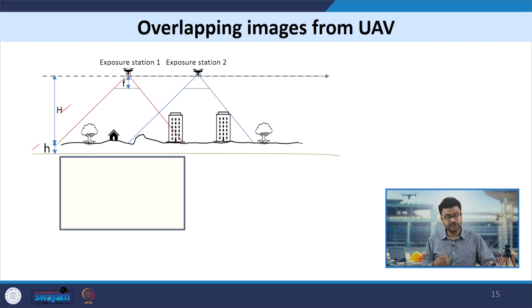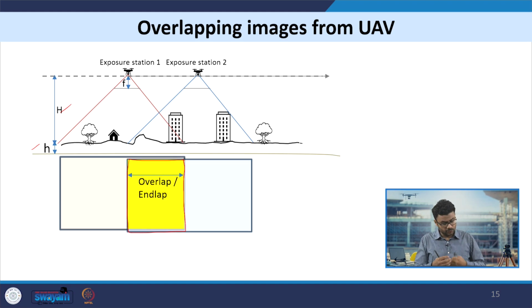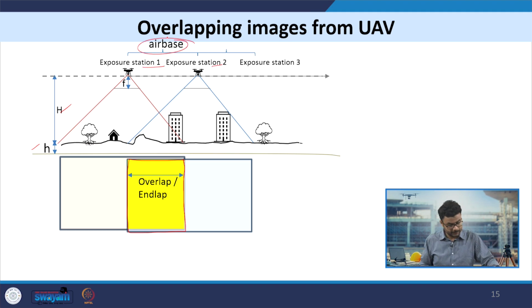Then at exposure station 2, again the drone will acquire an image. Between these two images there is some overlap. This overlap is shown in yellow, and is known as overlap, or also as end lap, and the distance between exposure station 1 and 2 is known as the airbase.